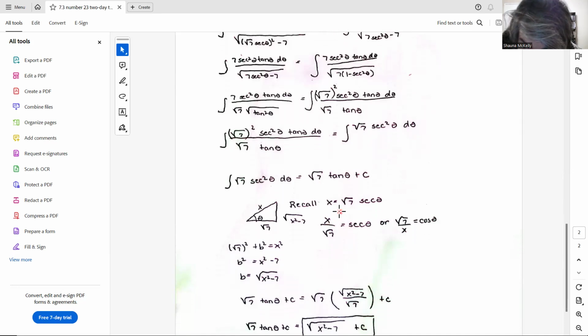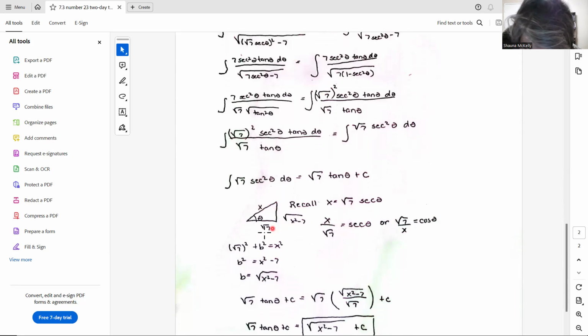x is equal to the square root of 7 secant theta. And so that means that x over the square root of 7 is the secant of theta, or that the square root of 7 over x is cosine, which personally is easier for me to think about.